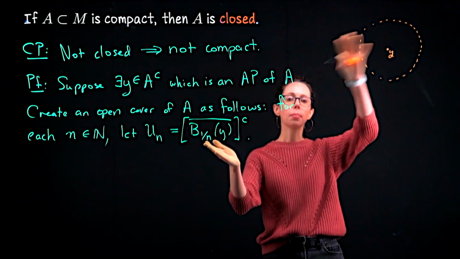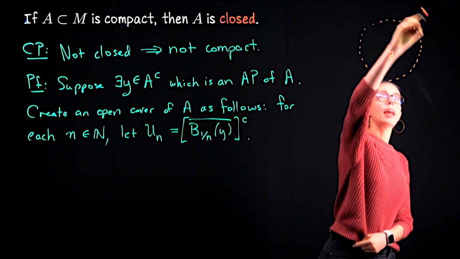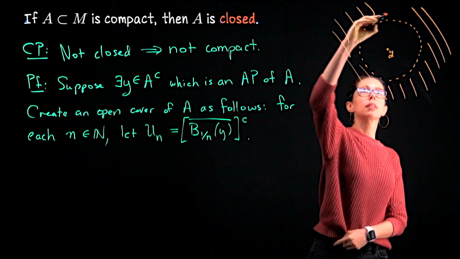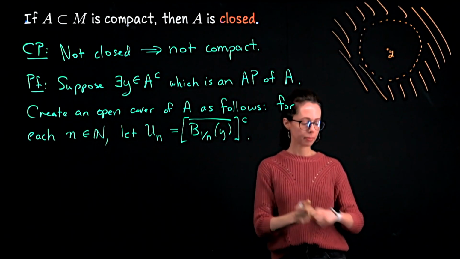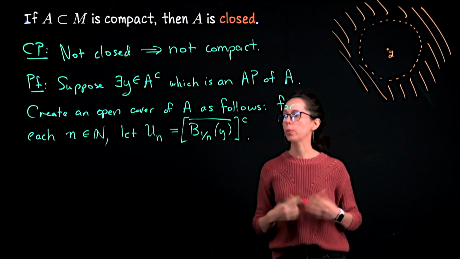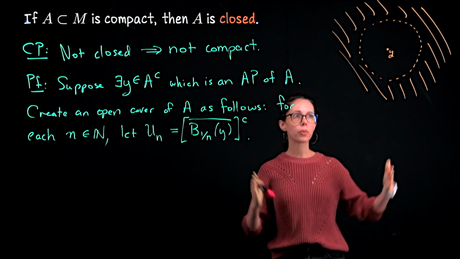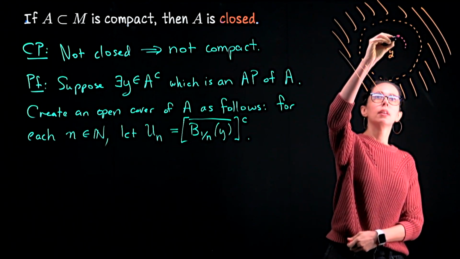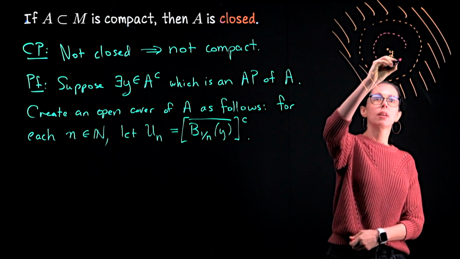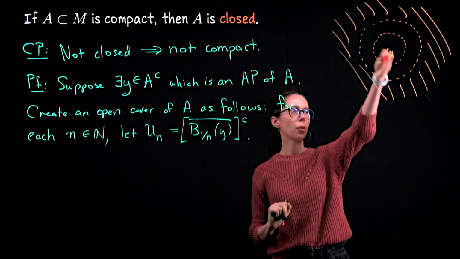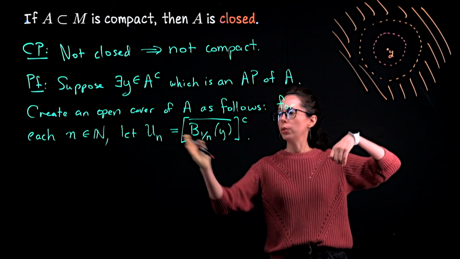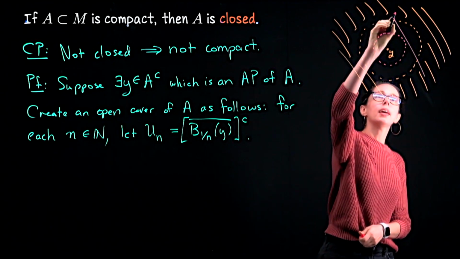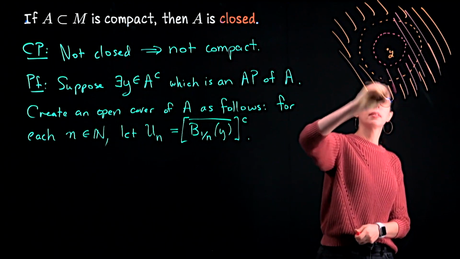And then I'm going to take the complement of that, so that is this open exterior neighborhood around y. Okay, that was for n equals 1. And then for n equals 2, the radius is going to shrink from 1 to a half. So here is radius 1/2 centered at y. And U sub 2 will be this exterior neighborhood.